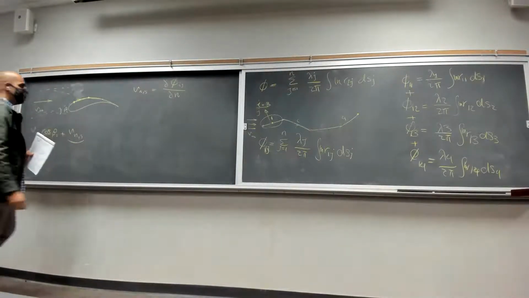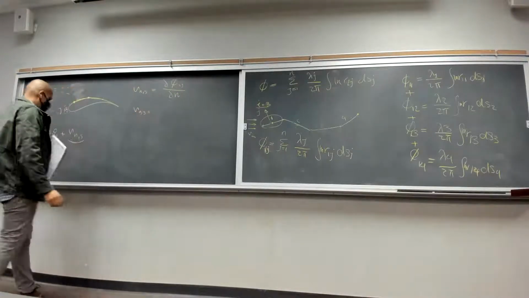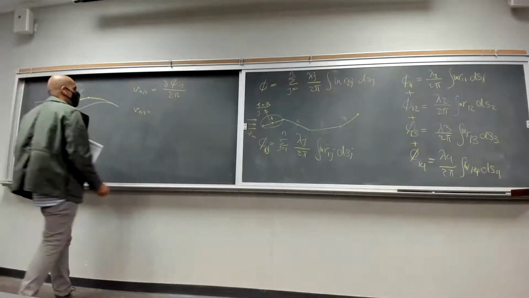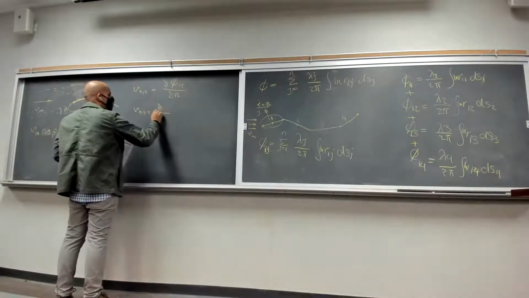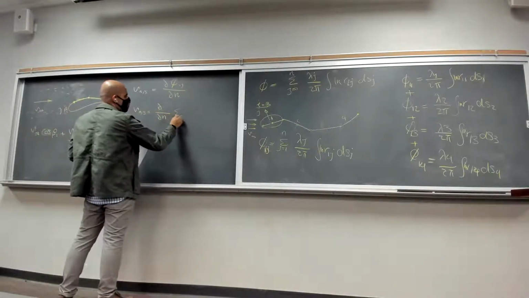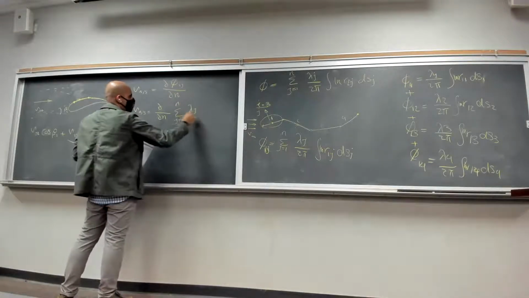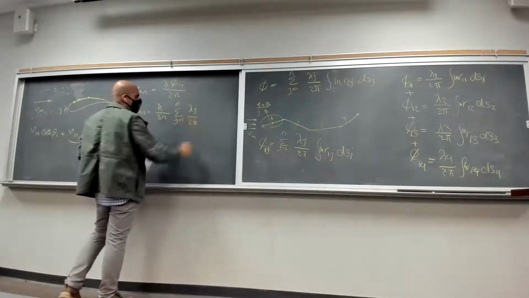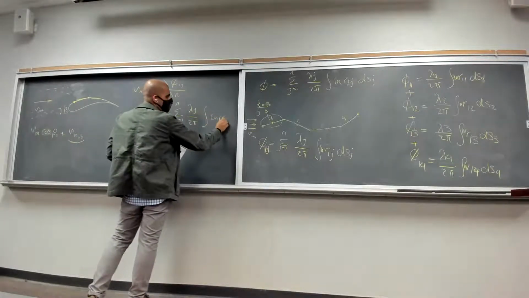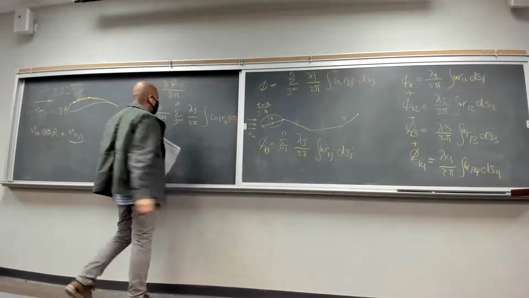So this V_n,s, the velocity induced by the sources, is going to be the derivative with respect to n of the sum over j equals 1 to n of lambda_j over 2 pi, integral of natural log of r_ij ds_j.